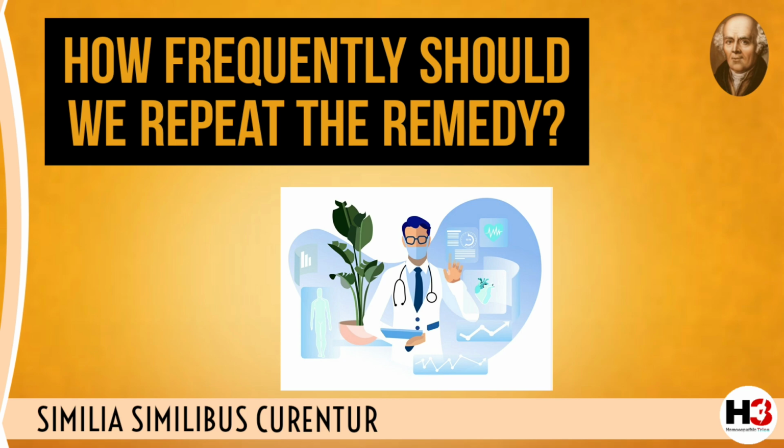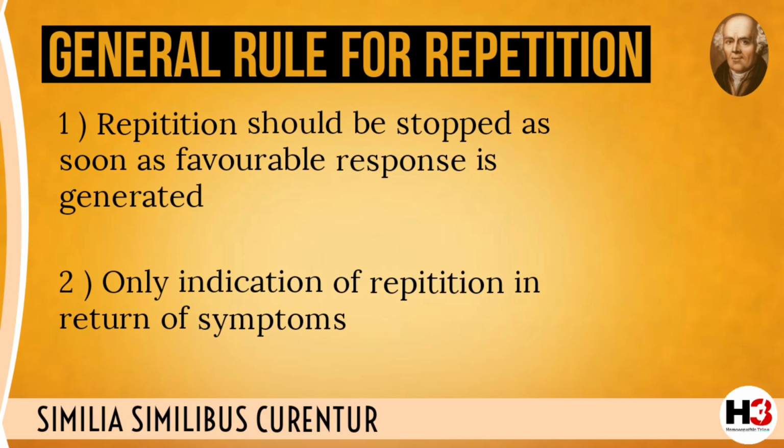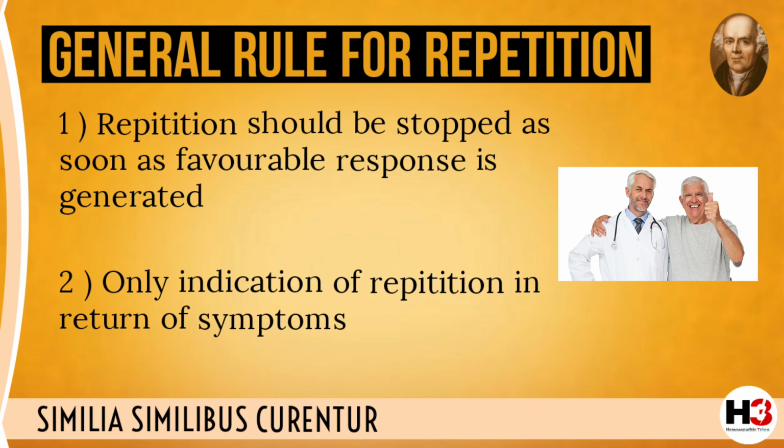And then finally we come to the last question, that is, how frequently should we repeat a remedy? The answer to this question clearly varies from homeopath to homeopath, based on experience. However, there are definitely a few general rules that will help guide us. As soon as the desirable response is observed, repetition should be stopped. For example, if a person is relieved of his complaints by more than 50%, then it is a clear indication to stop the repetition.